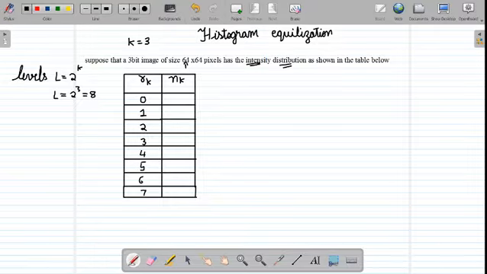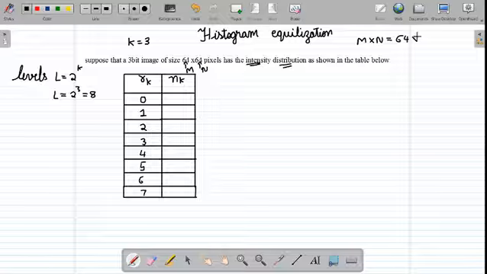This is the number of rows, indicated by M, and this is the number of columns, indicated by N. So M cross N will give you the total number of pixels, that is 64 cross 64, which is 4096. So there are totally 4096 pixels.